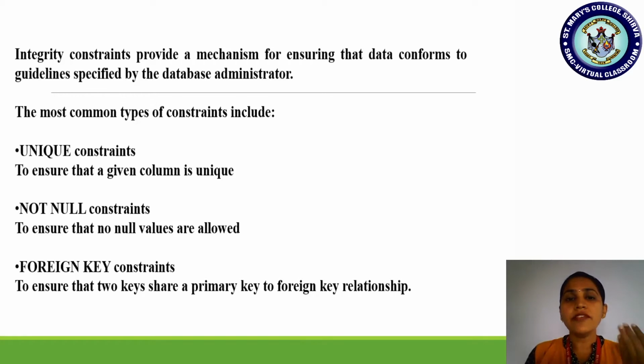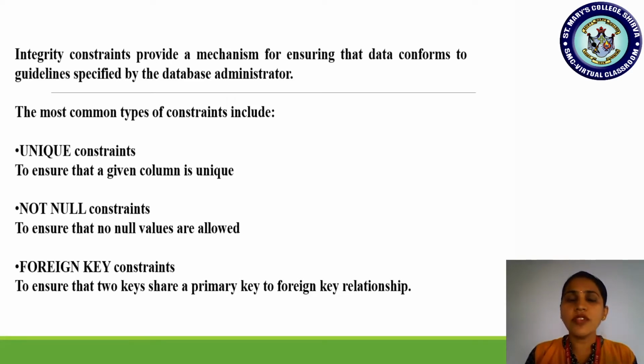If 30 students are there, all the 30 students should be given a roll number. All those 30 students' names have to be specified. So none of the values should be left empty. We can't say that the name is not known, or the roll number doesn't exist. It should not happen.